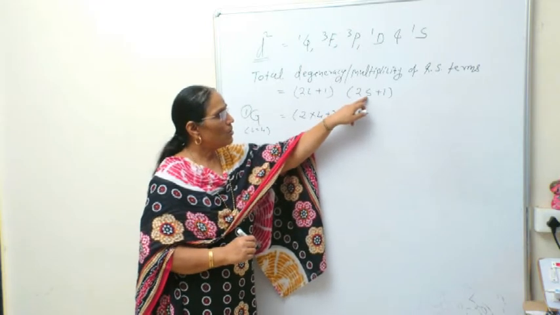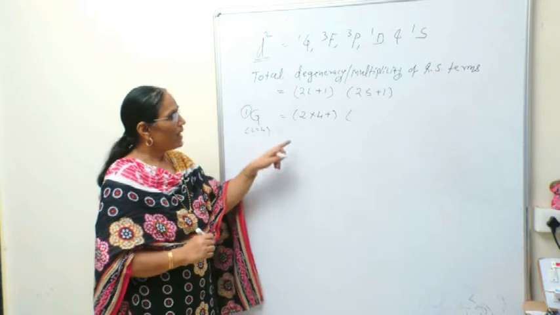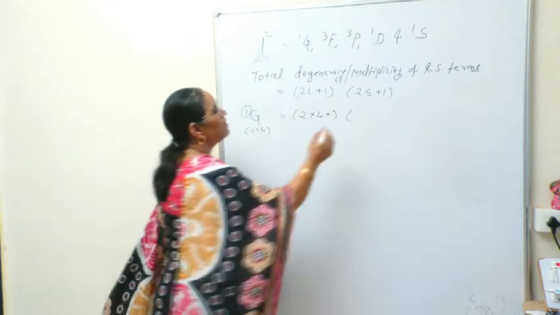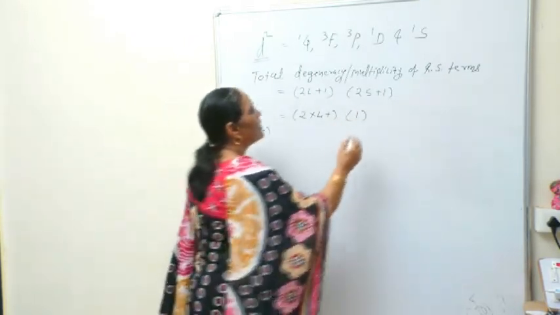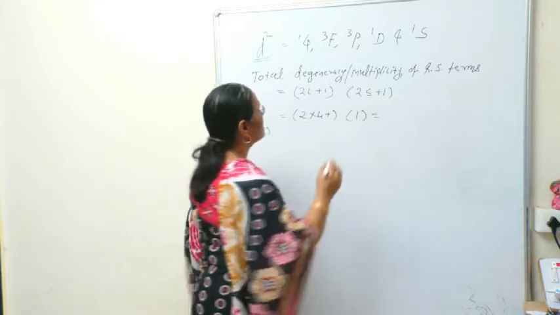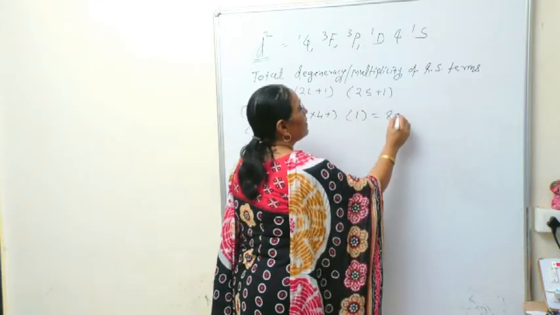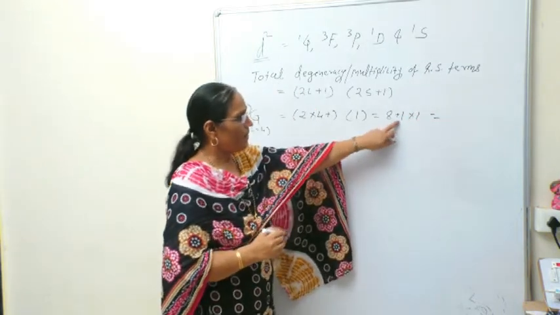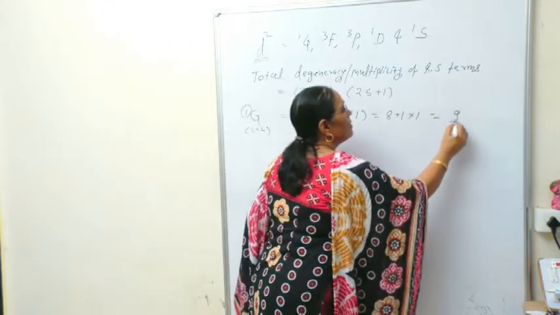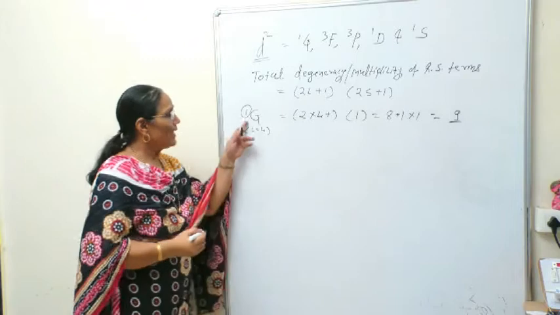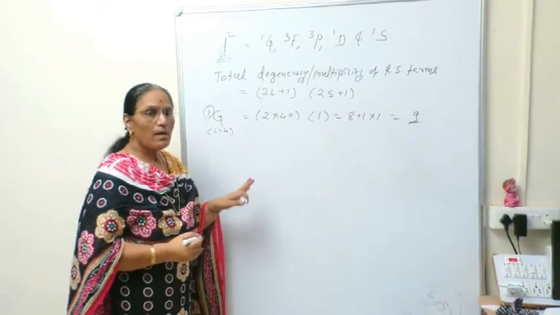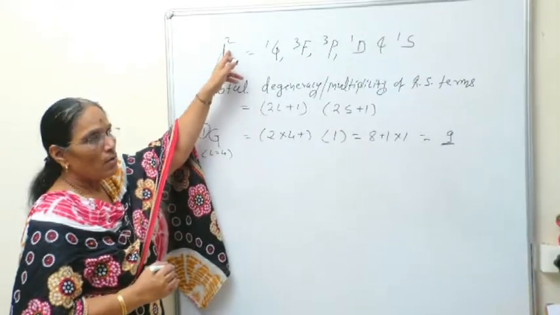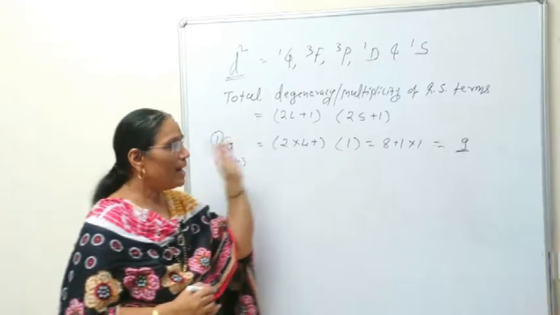So it is (2 into 4, that is 8, plus 1) into 1, so 9 into 1, 9. The total degeneracy of singlet G is 9. It means 9 different arrangements of 2 electrons for the d2 configuration come under the singlet G term.